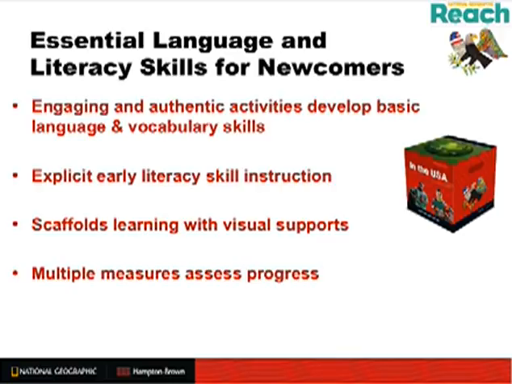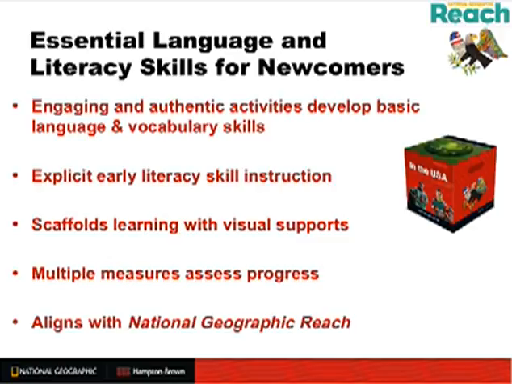It also includes multiple measures to assess your students' progress and identify skills that they have mastered and skills which need reteaching. And the program aligns with the follow-up program, National Geographic Reach, so your students can make a smooth transition.